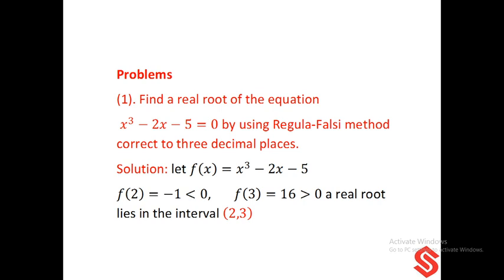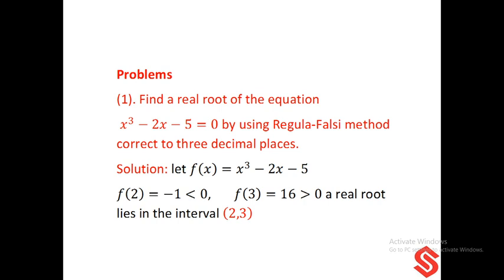So let us solve problems using Regula-Falsi method. First problem, find a real root of the equation x cube minus 2x minus 5 is equal to 0 by using Regula-Falsi method correct to 3 decimal places. Solution.